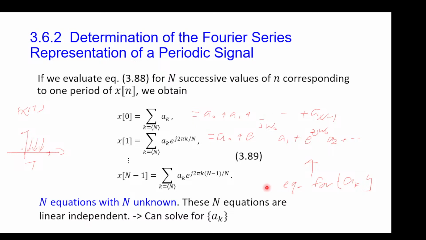That's a little different from the continuous-time case, where you have an infinite number of a_k and you cannot really solve infinitely many equations. But here you have a finite number of a_k, so you can always solve them exactly.